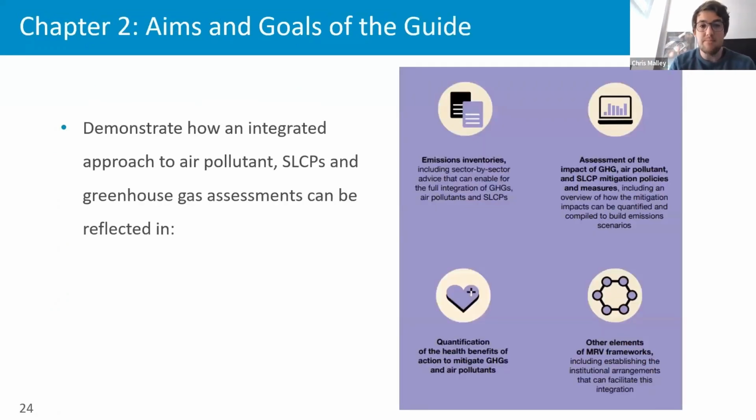So in chapter 2, the aims and goals of the guide is to provide practical approaches to integrate air pollutants and short-lived climate pollutants, specifically in terms of emission inventories, fundamental to tracking progress on emission levels in different sectors, on assessing the impact of different policies and measures to understand how a particular climate change target could be achieved and what benefits that could have for air pollution, in understanding how an air quality management plan could benefit greenhouse gases, for example.